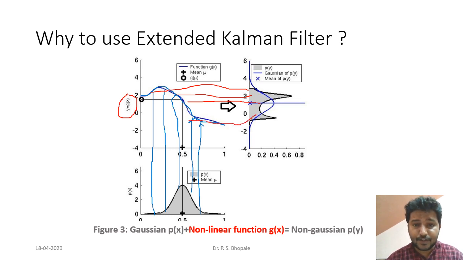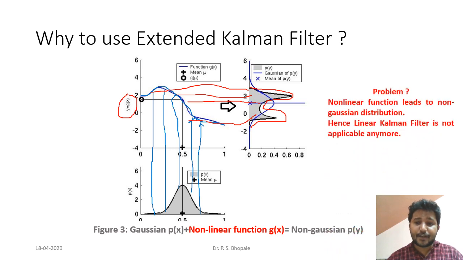Instead of being Gaussian, the output will have some non-Gaussian behavior, as you can see from this figure. So the input-output Gaussian criteria won't be satisfied as per the linear Kalman filter expectation. That's why the linear Kalman filter fails in case of nonlinear plant behavior.